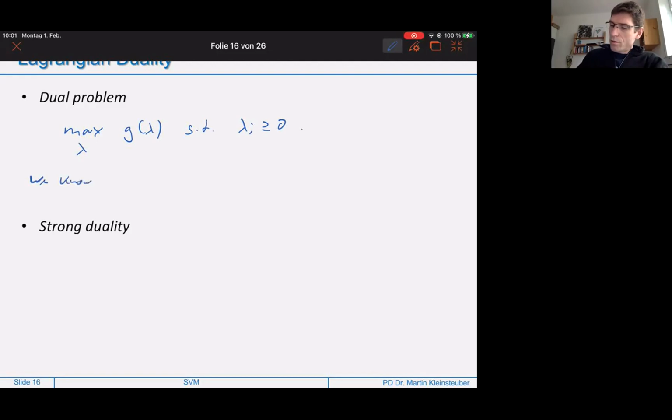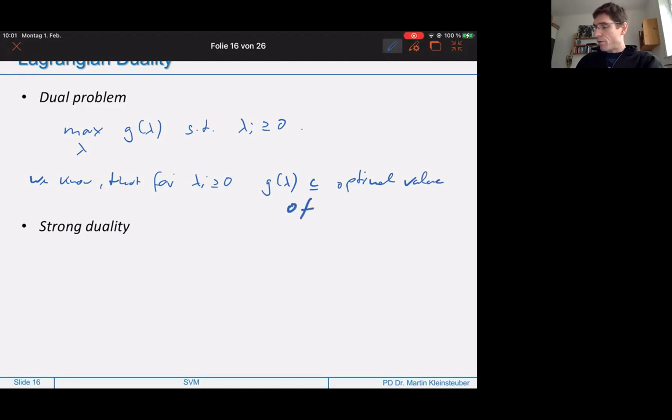And we know that for all lambda i greater or equal to 0, the g of lambda, so the value that you get here, is smaller or equal than the optimal value of the primal problem.